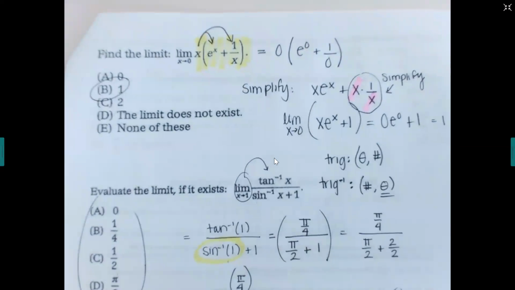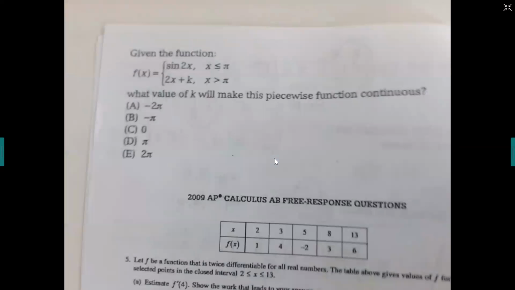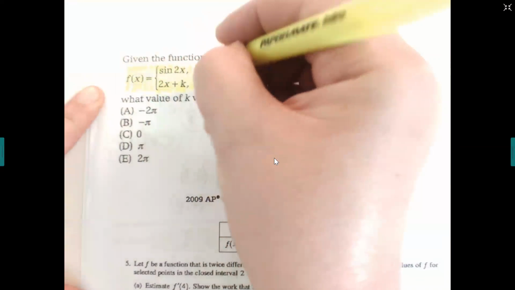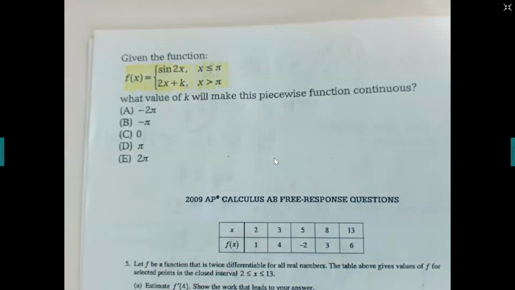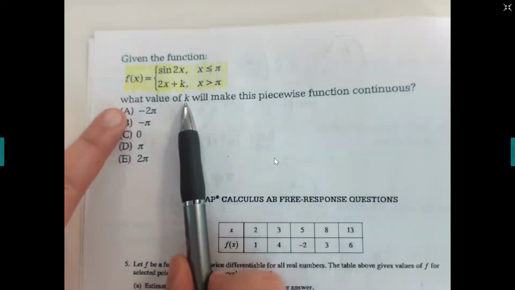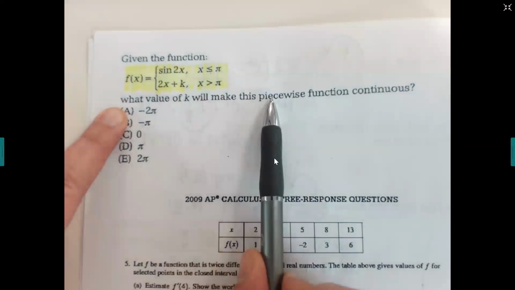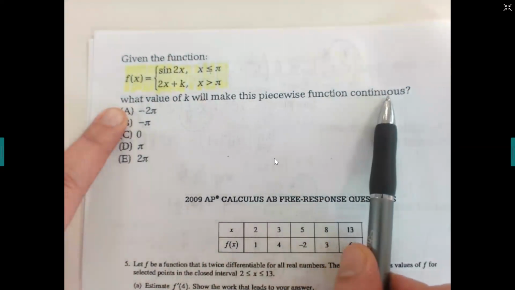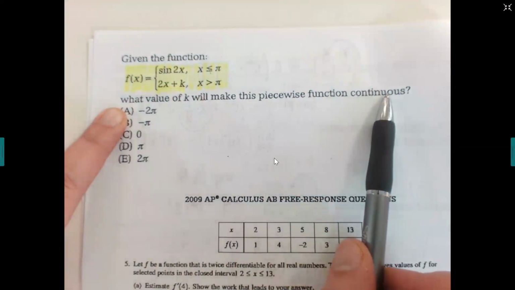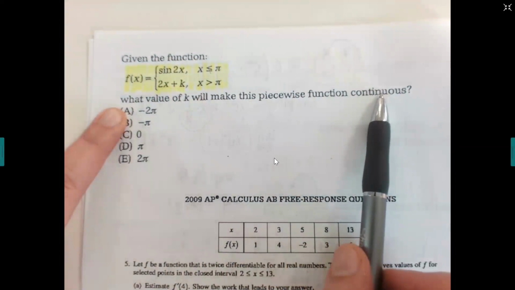Okay, last question for today. Turn the page. You have a piecewise function. What is the breakpoint of this function? Okay, pi is the breakpoint. And then they say, for what value of k will the function be continuous? What do I do if I want to make the function continuous?